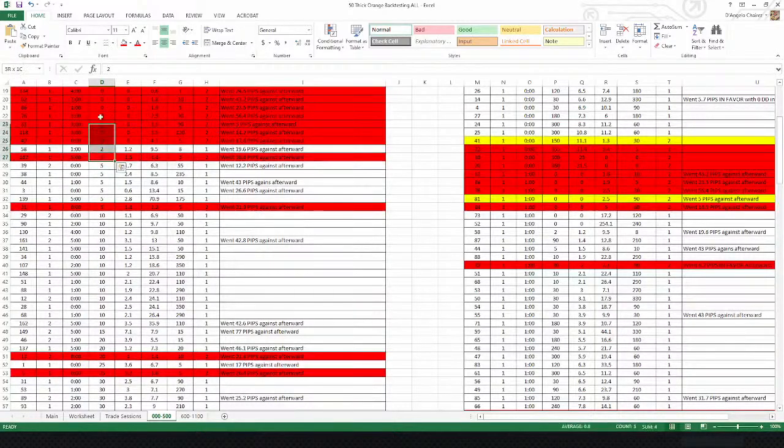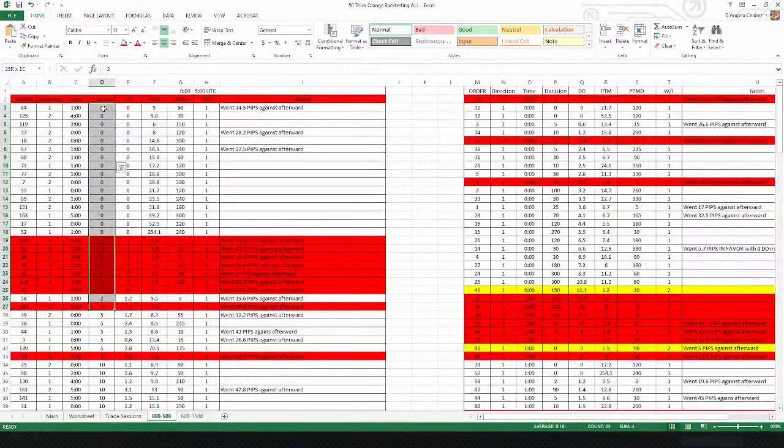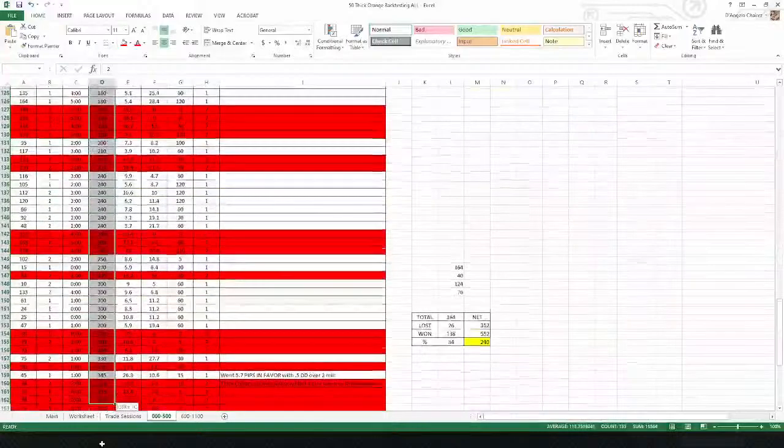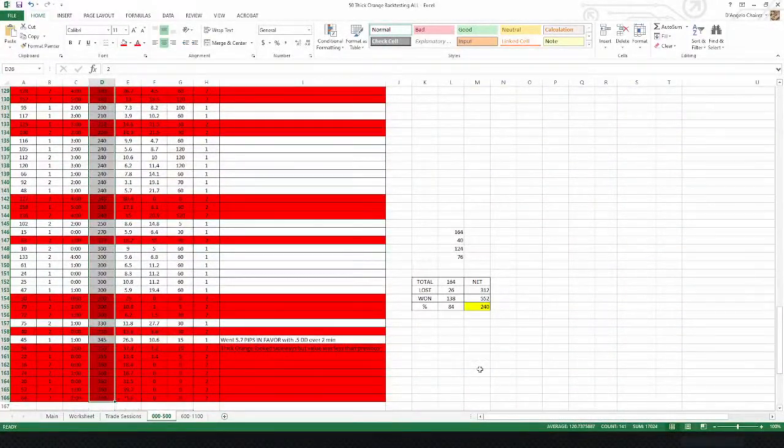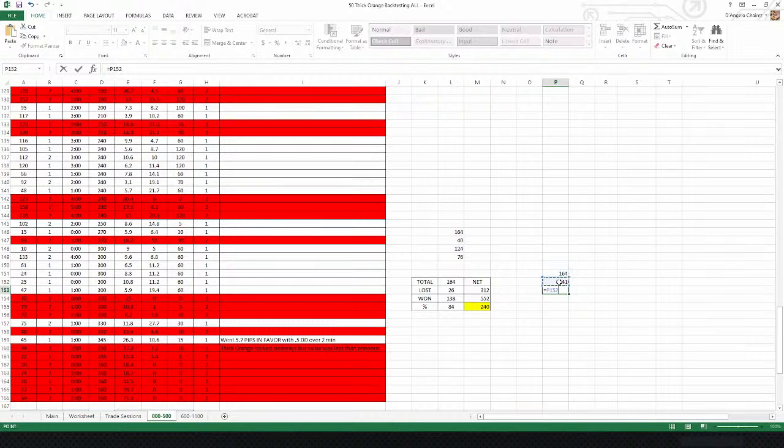So if we looked at this right here, and we said, okay, everything actually from here down, that's 141. So there's 164 of these, 141, and then that divided by that times 100. That's about 86% of the time.